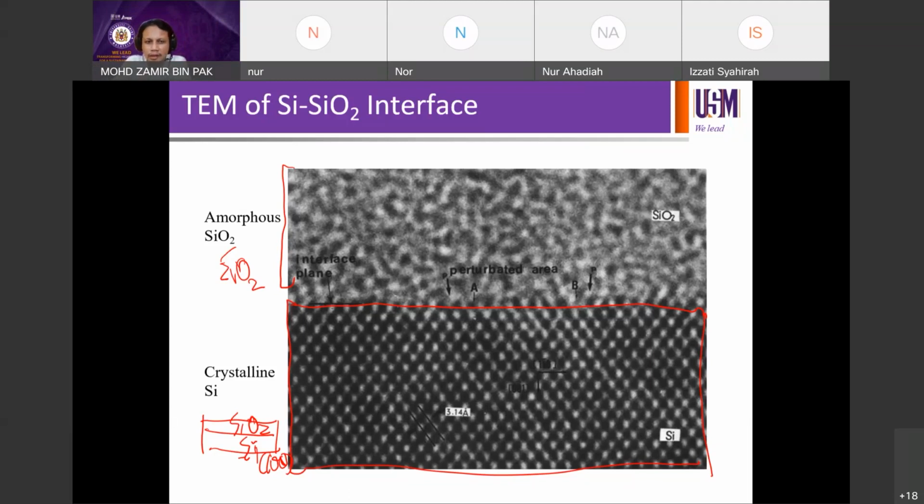What is the crystallinity of this oxide? The answer is already up there. Why don't we see any arrangement at all? Anyone? Right, because it's amorphous, isn't it? Because it's amorphous, there's no arrangement at all.